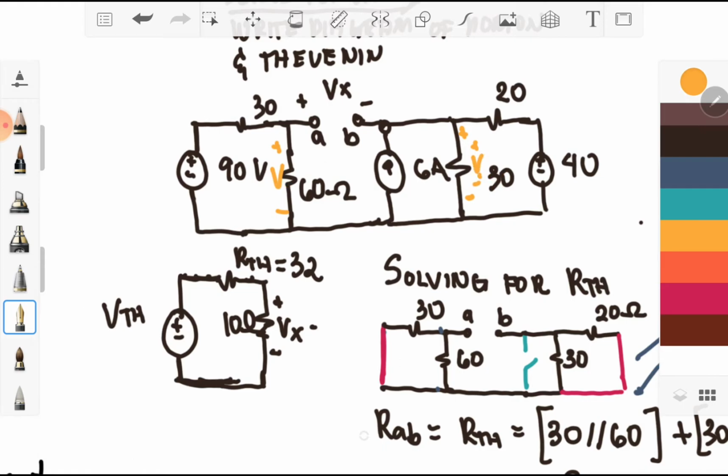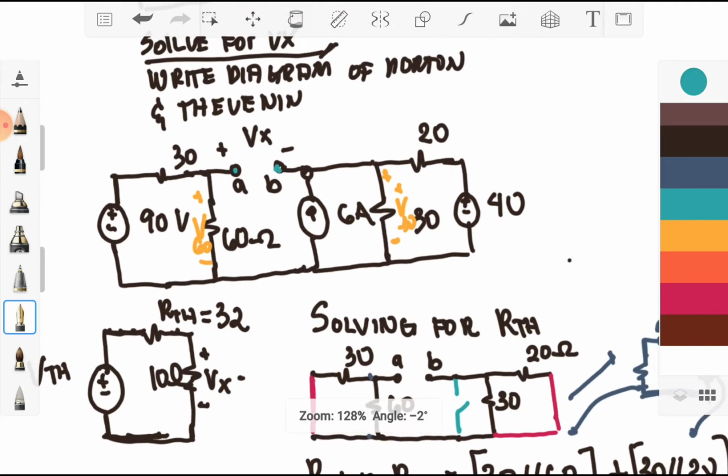V30 and V60. Actually, the voltage of your 60 ohm can be solved by voltage division. Okay? Kasi wala na to eh. Wala nang connection tong dalawa because we already tinanggal natin yung 10 ohm. And then, therefore, kanya-kanya silang circuit. We have two circuits. We have the circuit for a voltage division and a circuit for either nodal analysis or source transformation.